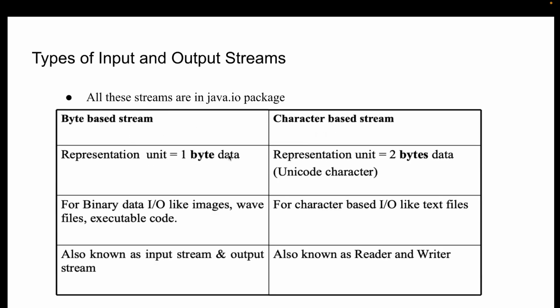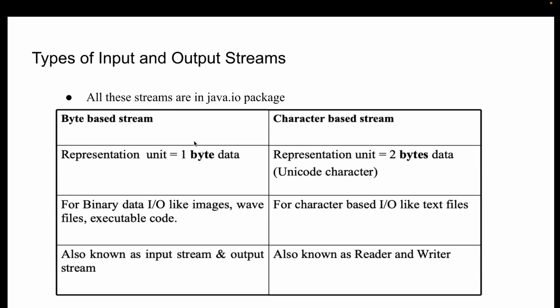The representation of data is 1 byte in the byte based stream, and the representation unit is 2 bytes in the character based stream. When we talk about memory, I'm just giving some idea, everything on the system has some storage or memory.